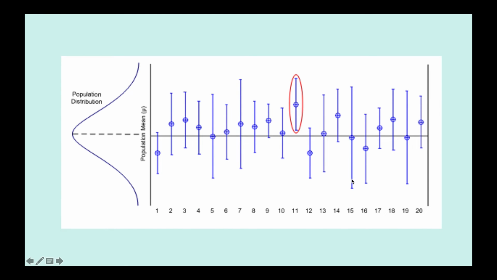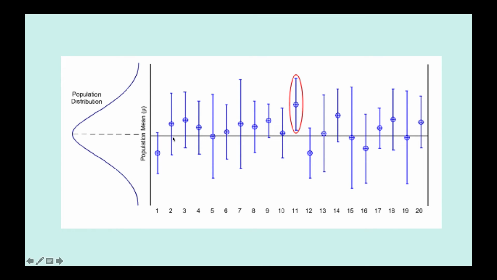So we use this confidence interval when we want to determine whether or not the sample we took is representative of the mean. Here you have a variety of different samples that were taken. Even though the mean of each of these samples may be a little bit below or a little bit above the population mean, the true mean, the 95% confidence interval includes the population mean.